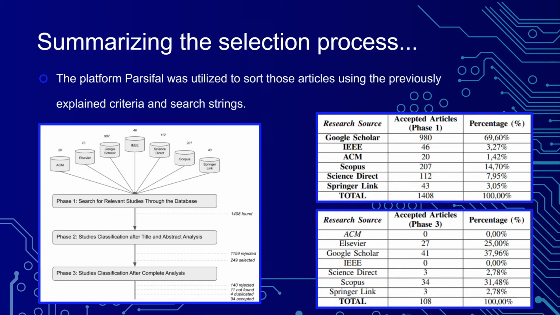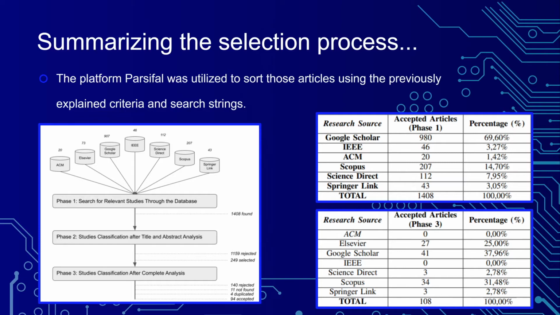And we searched with the same string in many databases like ACM, Elsevier, Google Scholar, and others. You can see right there on the left. So we go to those databases and search for the same words. And then we have phase one, that is the searching for relevant studies throughout the databases. We have 1.4 thousand articles found in this phase.